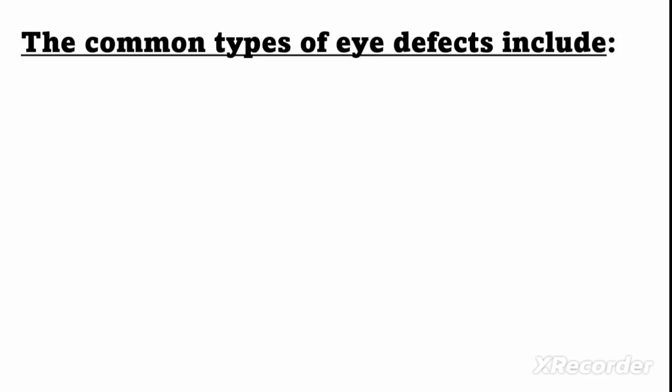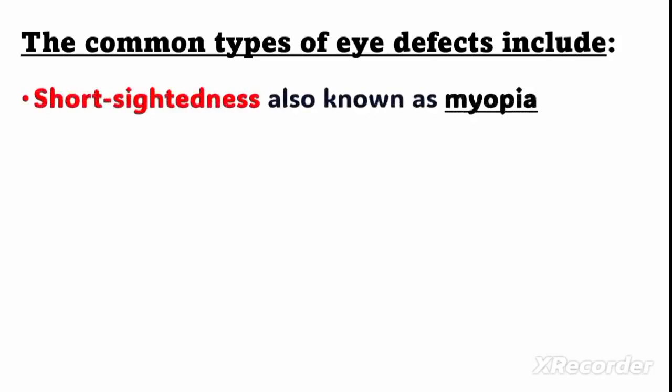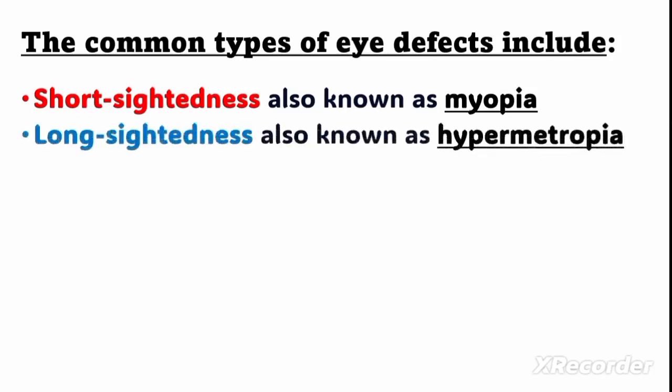From there, we are also going to look at the common types of eye defects, or the common types of eye disorders. So the first one, we are going to look at short-sightedness, also known as myopia. The second one, we are going to look at long-sightedness, also known as hypermetropia.